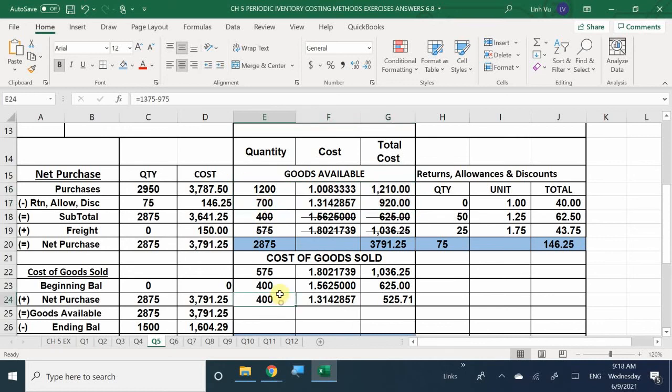We sold 400 of them from the 700. So I should be left with 300 items, right? And I know that it cost me a total of $525.71 worth, right? You could just simply subtract that out from the 920, or what I did earlier.